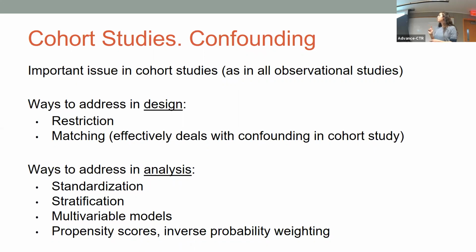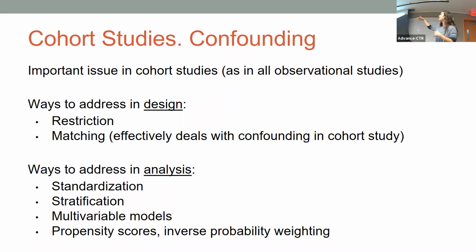With matching, what you would do is that for every person who is exposed, or for every person that you're considering, you find someone else in your study population that is very similar to them when it comes to baseline information. And then you include both of those people in your study, because since they have similar backgrounds, the amount of confounding error that might occur is limited.